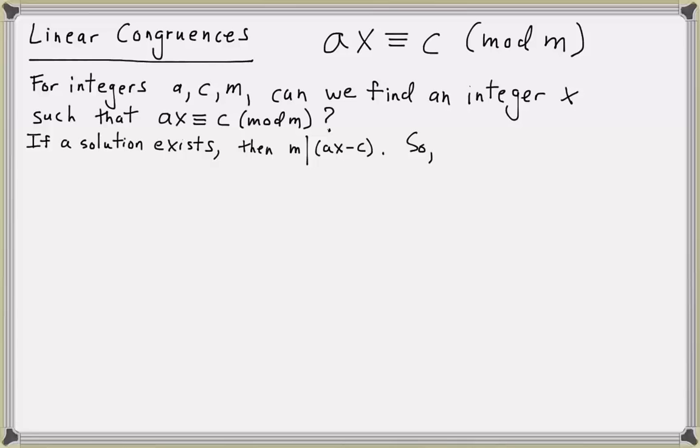So ax minus c is an integer times m, and we want to write this as m times the integer negative y for some integer y. The reason I'm writing it that way is so that when I rearrange this and solve for c, we have the linear Diophantine equation ax plus my equals c.